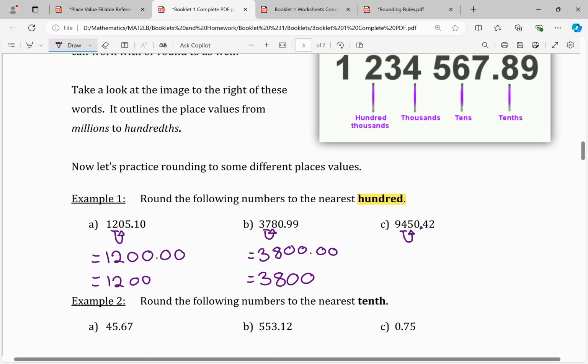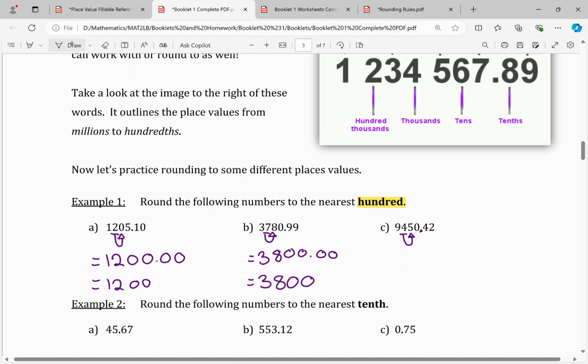It is going to increase. So this is going to become 9,500.00. And again, we can remove some of those zeros, giving us 9,500.